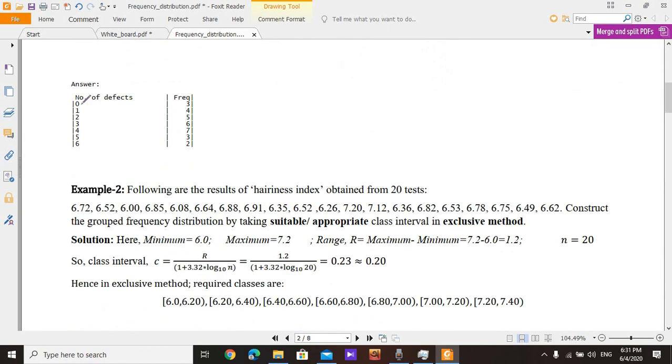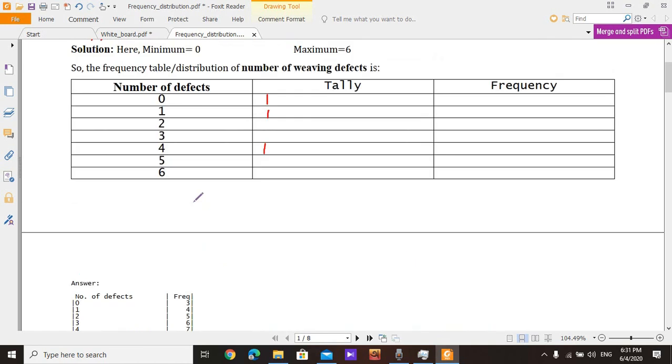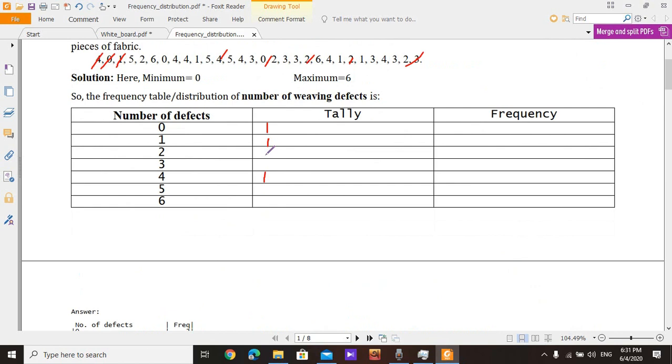We can see that 0 occurs 3 times, so the frequency of 0 is 3. 1 occurs 4 times, so the frequency of 1 is 4, and 2 occurs 5 times. When we have 4 tallies and then one additional, we give a cross line which indicates a count of 5.